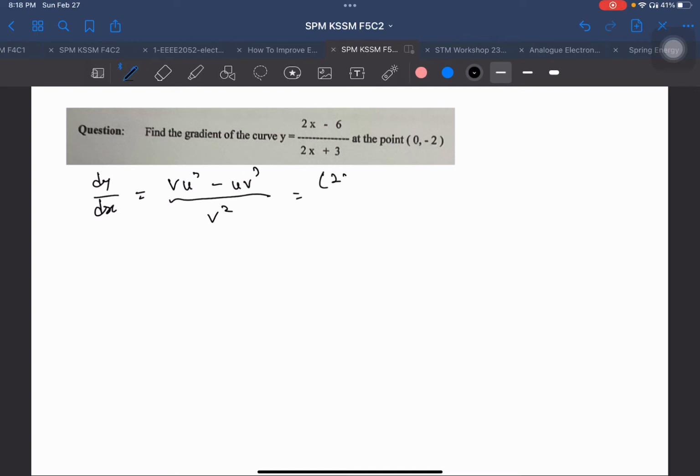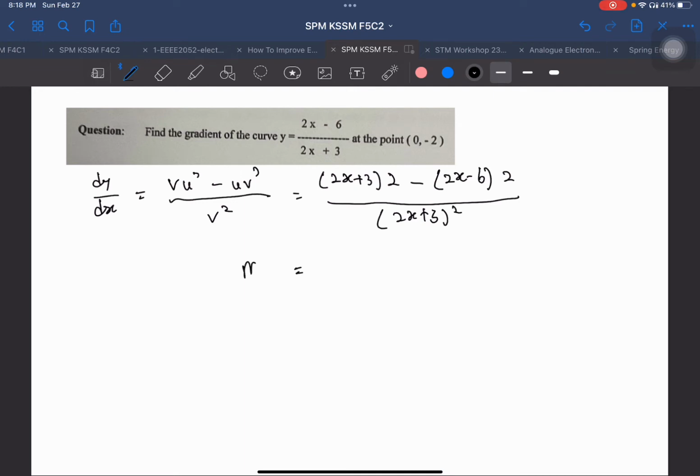What is v? v is the denominator. If you differentiate the upper part, you get du. This is u. Now put in v prime, which is 2 also. The denominator is v squared.